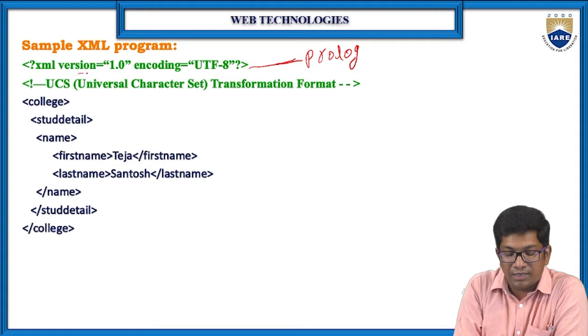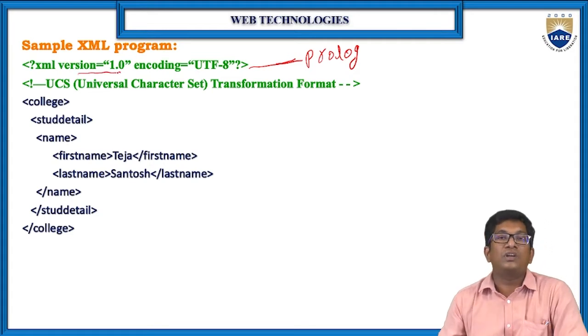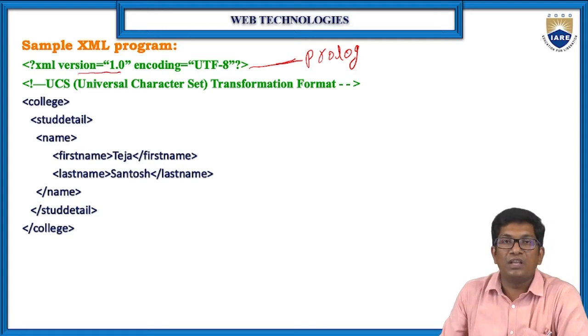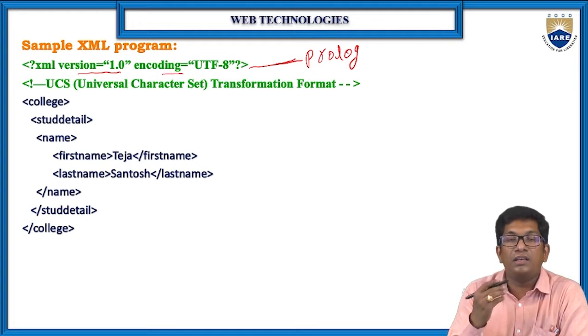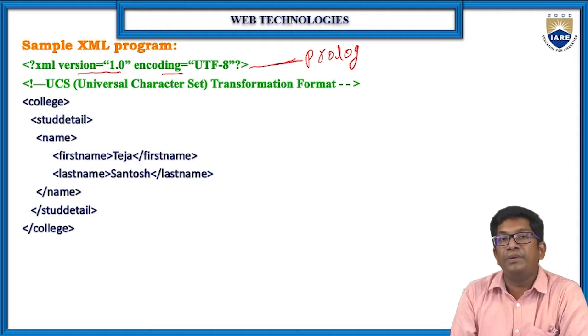That means the current XML version we are using is 1.0, and the encoding is UTF-8, which means the entire text is converted into zeros and ones in 8-bit format.